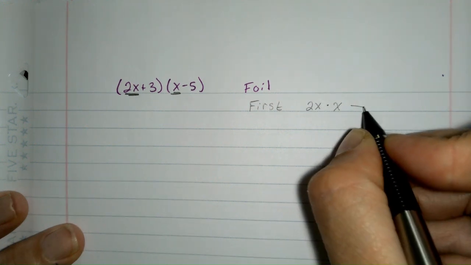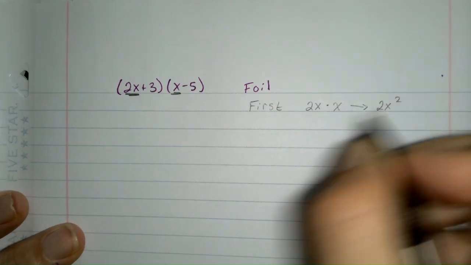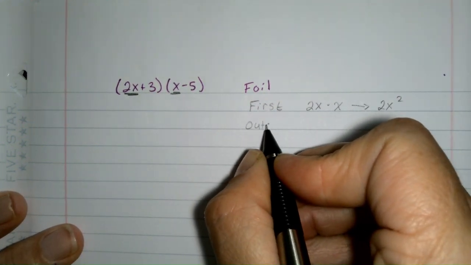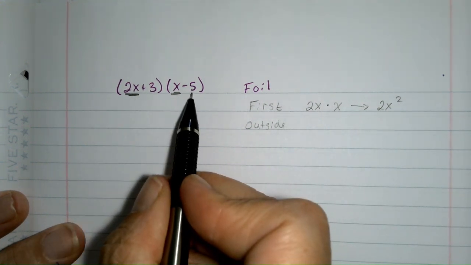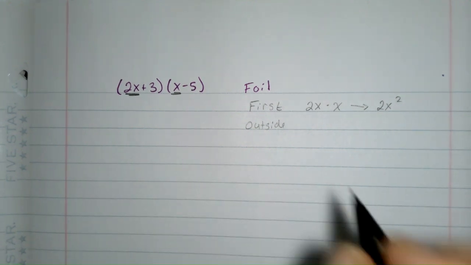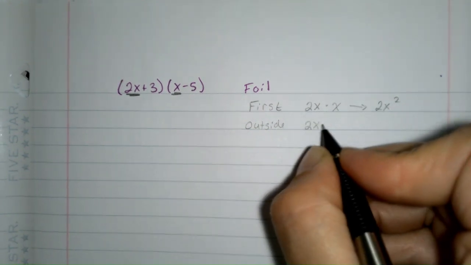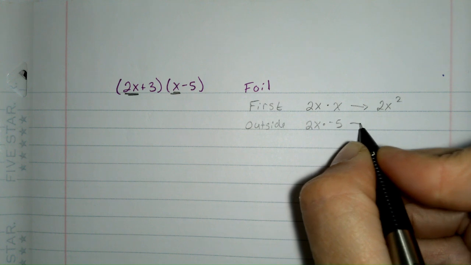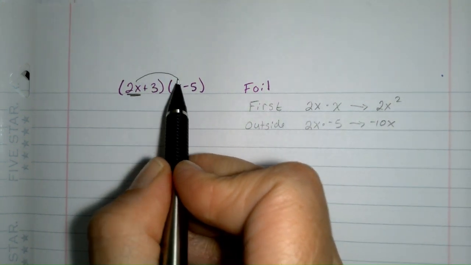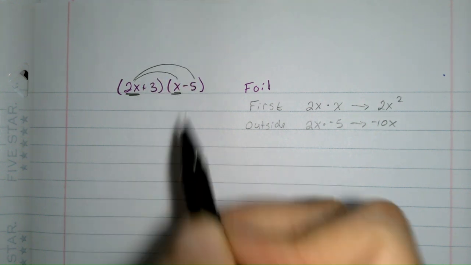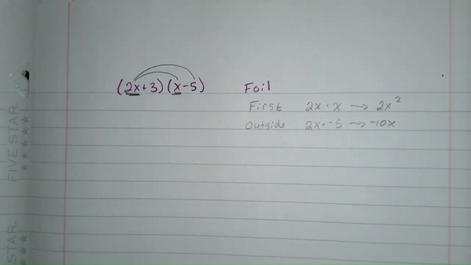You get 2x squared. Then you do outside. That's the furthest to the left and furthest to the right because they're outside. So the 2x would be multiplied by the negative 5, and you get negative 10x. So we did first, and then we did outside. Do you see how that's just basically distributing the 2x to the second parenthesis?